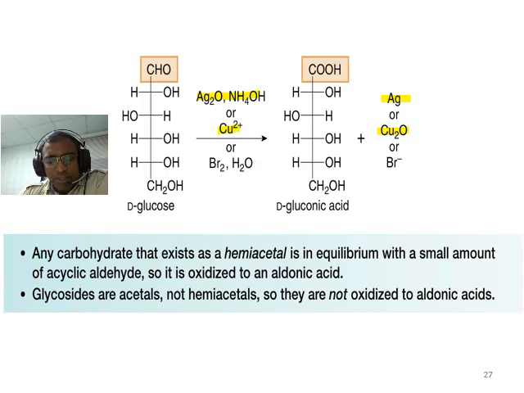Additionally, there is also bromine which can become bromide ion, so there also will be changes in color. Instead of the indicators undergoing changes, you can also notice the reducing sugar will be changed from carbonyl to carboxylic group. So from what was glucose, it'll become gluconic acid.